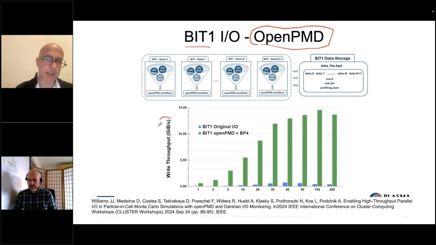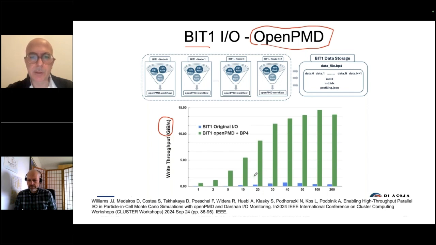On the y-axis, we have the bandwidth, so the throughput, in gigabytes per second. So the higher the better, and then we have the different number of processes on the x-axis. And there are two columns.